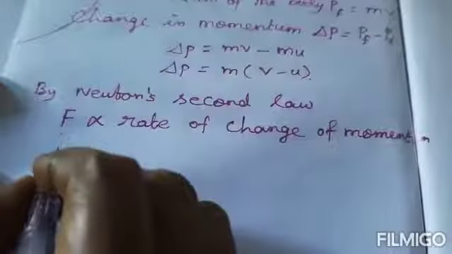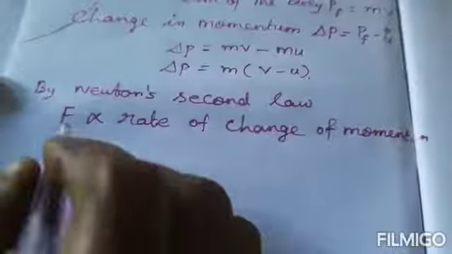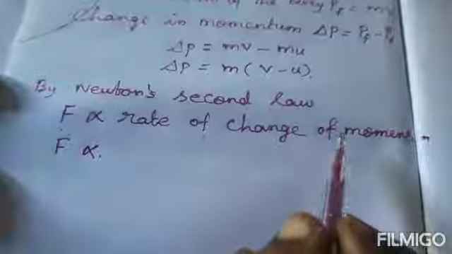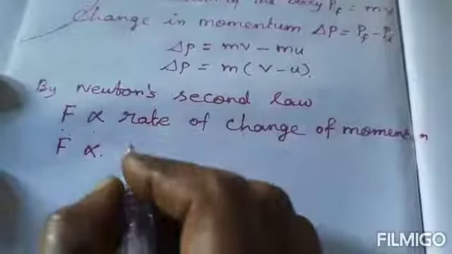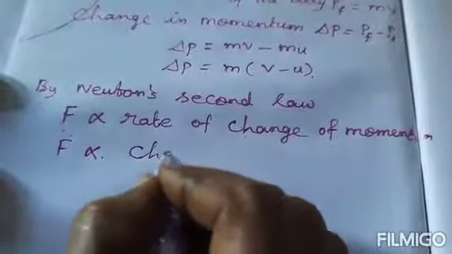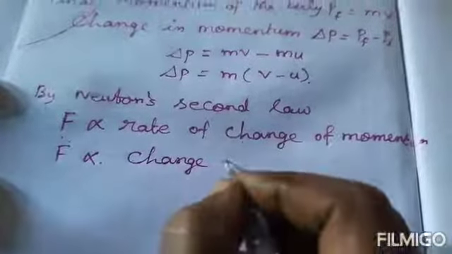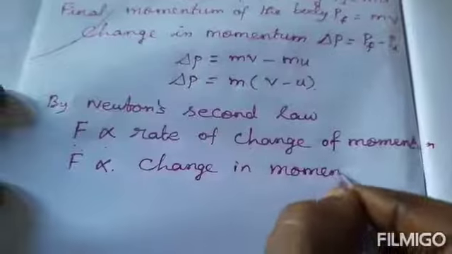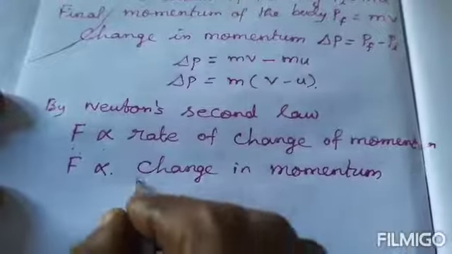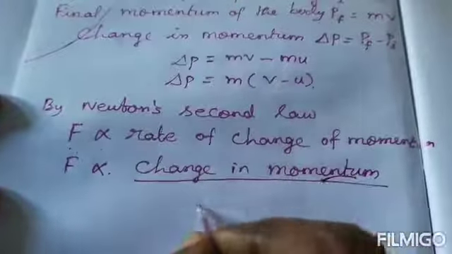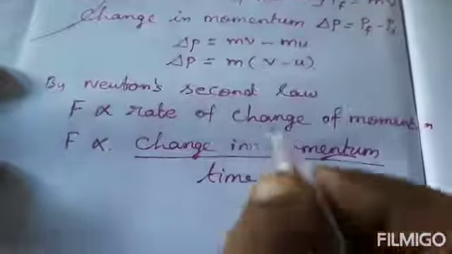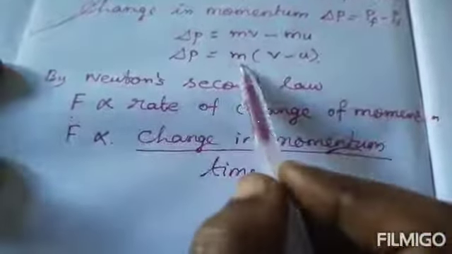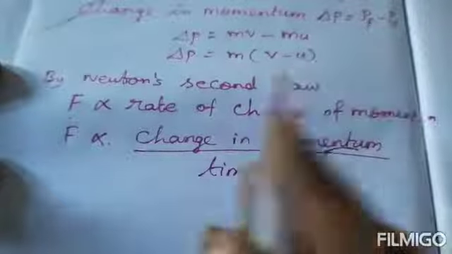So we can write F is proportional to the rate of change of momentum, and the formula is change in momentum divided by time. What is change in momentum? Already we have found out, m into v minus u.